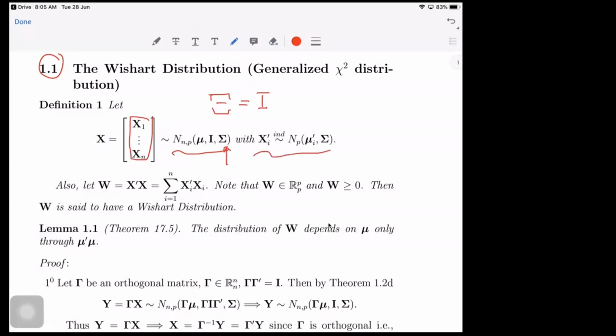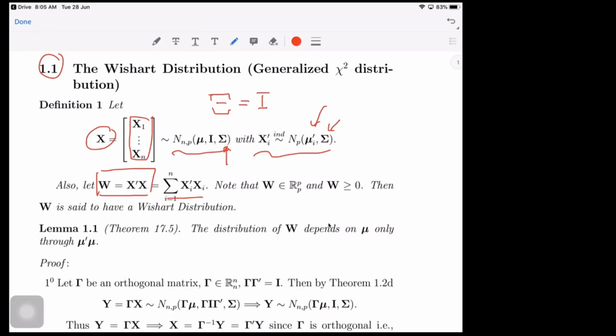Okay, so the x_i primes here are still normal with mean mu_i prime, and they have variances among the columns or among themselves. Also let W = X prime X, which is the summation of x_i prime x_i. This is how we transform the random matrix X to a W, which will become a Wishart distributed random matrix, in quadratic form.